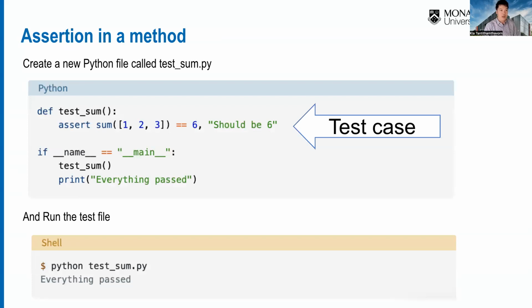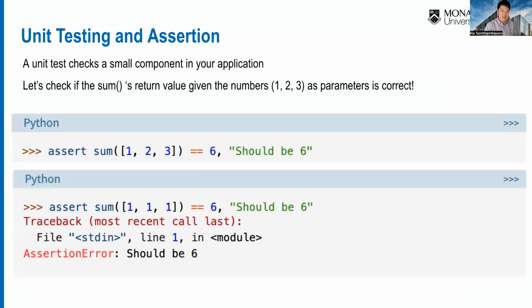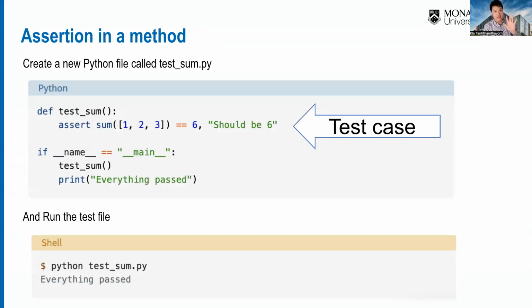Okay, let me continue. Assert is the way we write the test case. If we want to run the test case here, we can write the test case like this, assert.